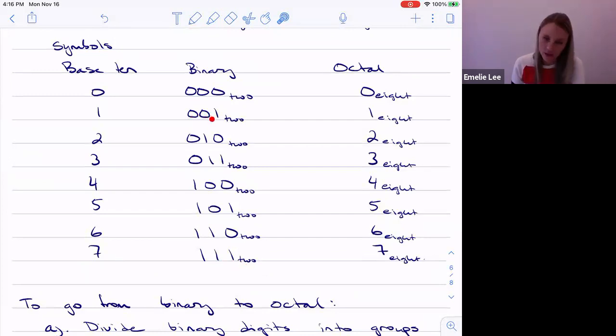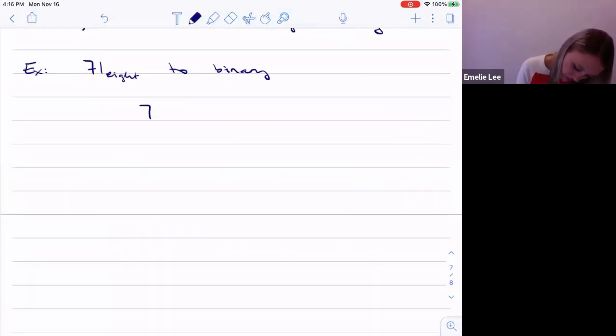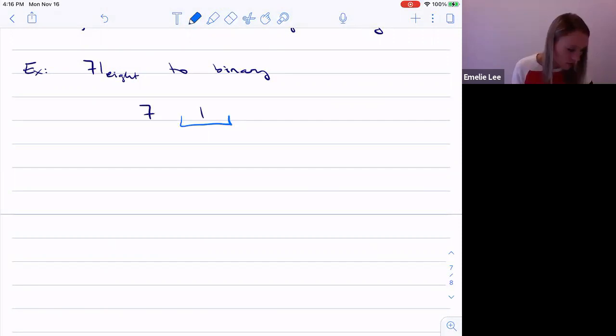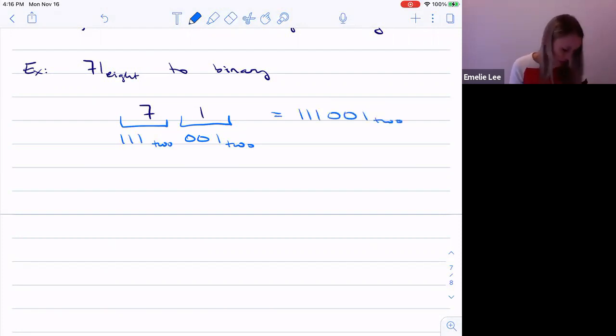And then 1 I can replace with 0, 0, 1 base 2. So what I get is 1, 1, 1, 0, 0, 1 base 2.